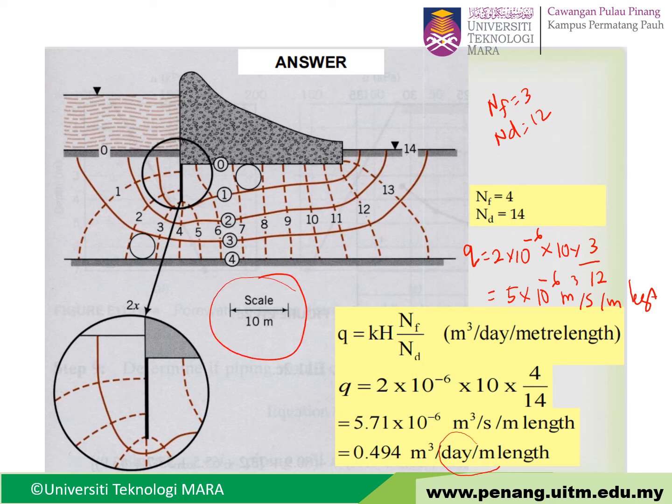You have to decide the scale. When you want to draw the figure, first you have to know the scale. For example, 1 cm is equal to 1 meter, or 1 cm is equal to 5 meters. It depends because you have to draw the length of the pipe, the length of the dam, and then the height. So you have to refer to the scale.